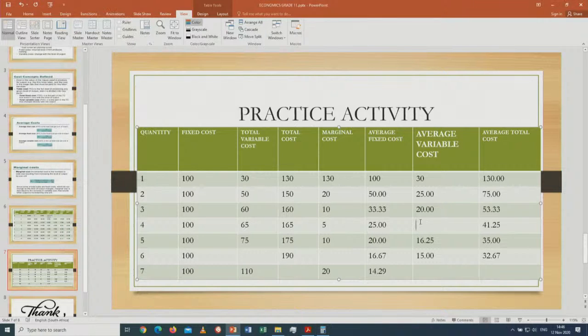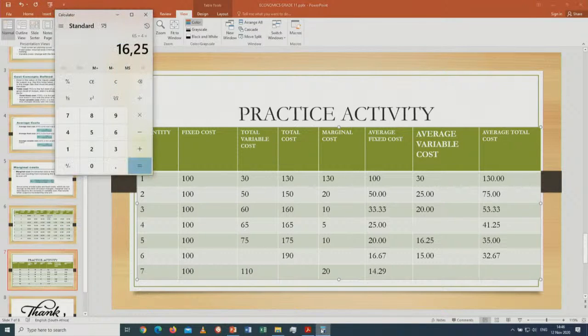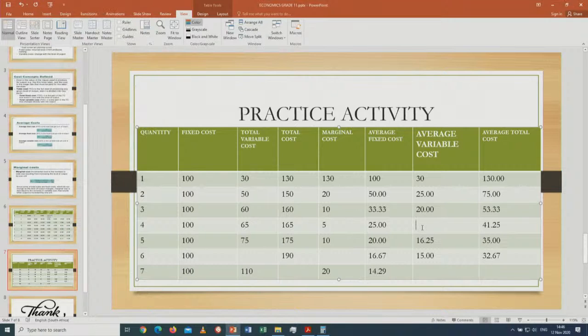And this gives us 16,25. Right. Now where are we now? This one will still be the same, 190 minus 100. Then this one must then be 90 there.